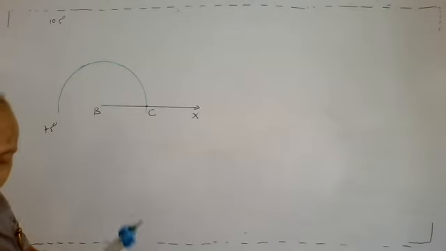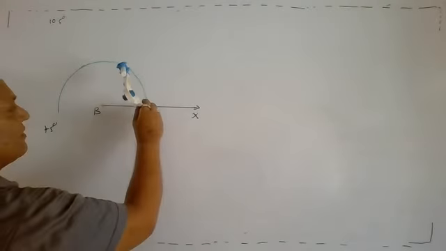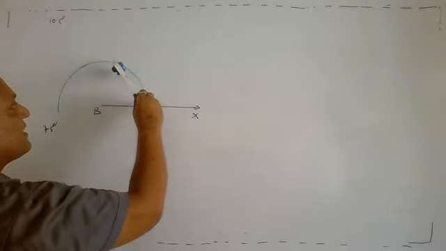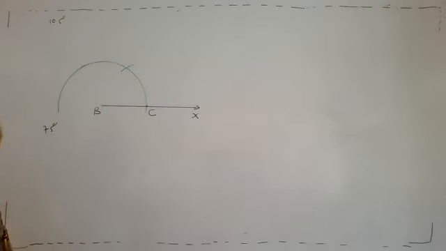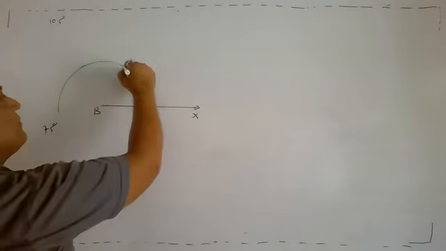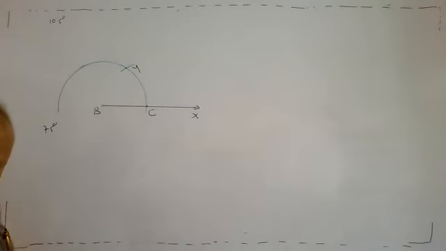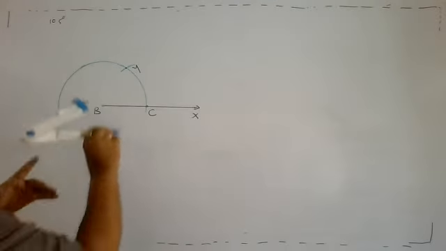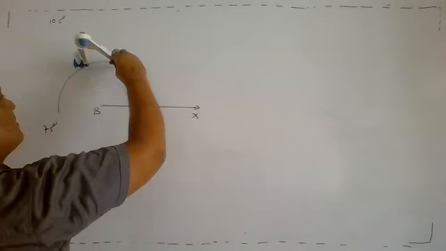From C we have to make the first arc. We can say it is Y. From Y we have to construct another arc.